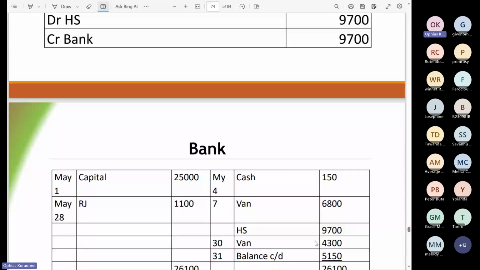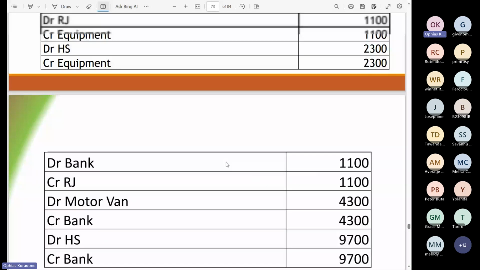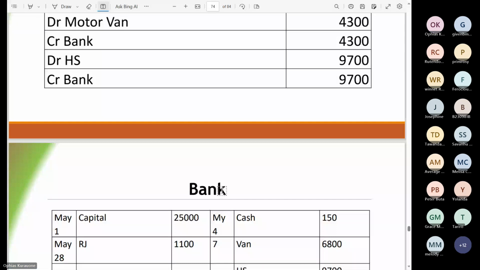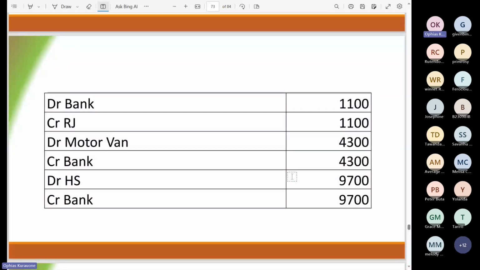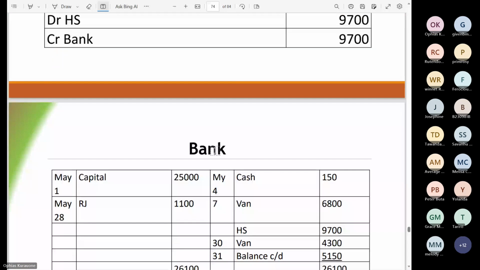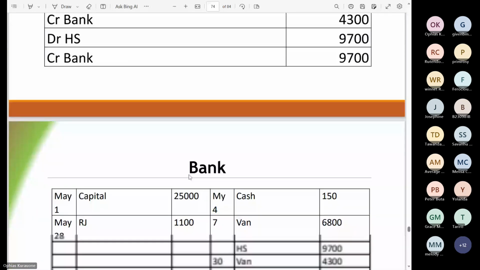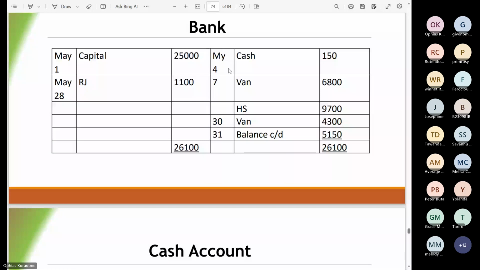Then bank accounts. You open only one bank account, so every transaction involving the bank should come to this account. In the bank account, what we do here: capital, bank received 25,000.